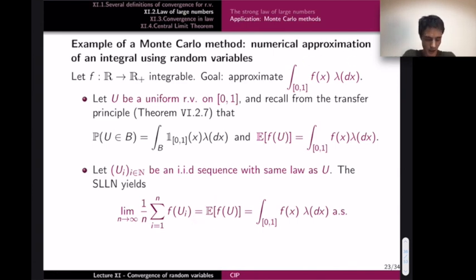So what I'm saying here is that if I draw a finite number of independent uniform random variables on 0, 1, I look at the value of f of Ui, and I average all these values up to the number of samples that I've drawn, say fixed capital N, well, this empirical mean, this average, approximates this integral. So I have a way to approximate this integral numerically.